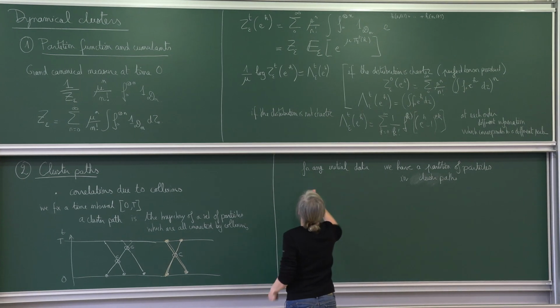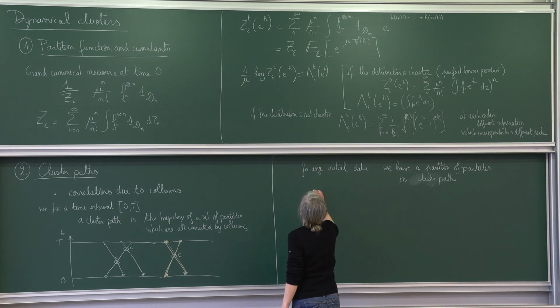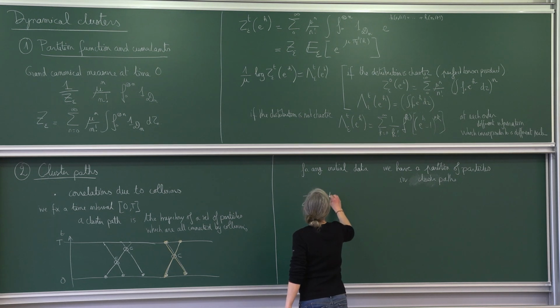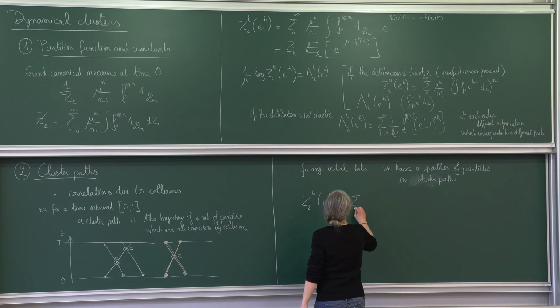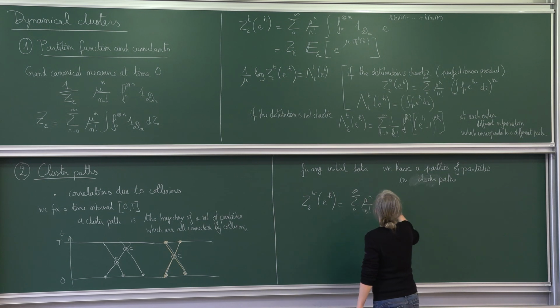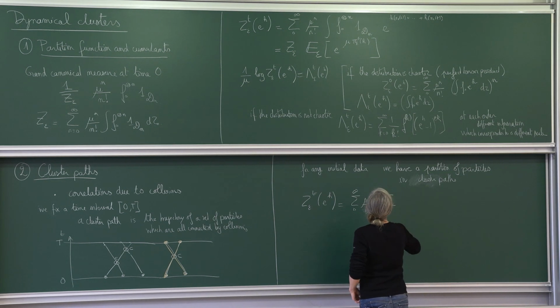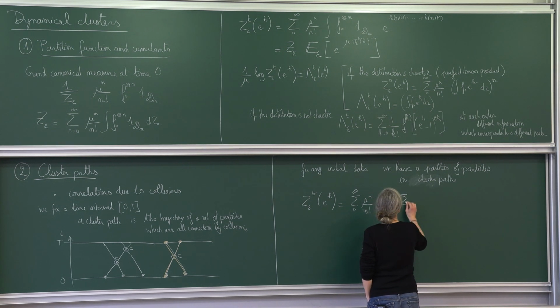So this means that z epsilon t of exponential h will be the sum from 0 to infinity of mu n over factorial n. And then I will sum over the partition, say over k, and the sum of partitions lambda 1, lambda k.